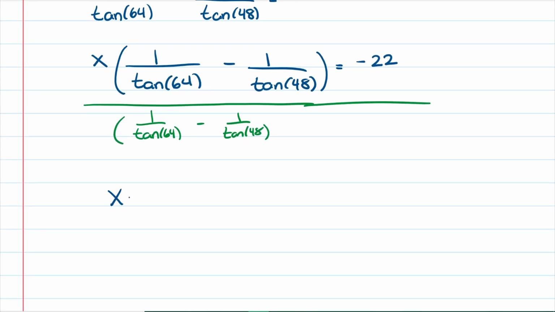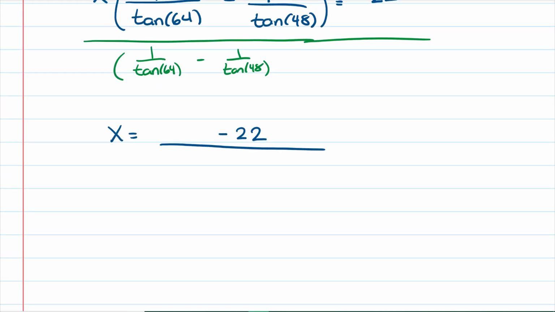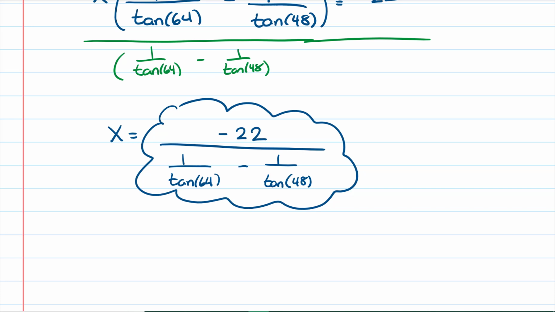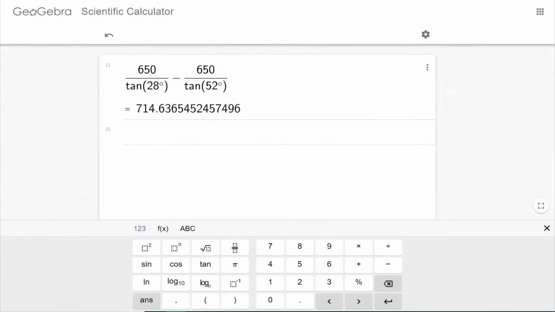So I get x is equal to negative 22 divided by 1 over tangent of 64 minus 1 over tangent of 48. And now all I have to do is put this into a calculator and I'll be good to go. So I'm actually going to use a little function on our calculator, which is the fraction button. It makes the fraction for me, which helps me not make a mistake.